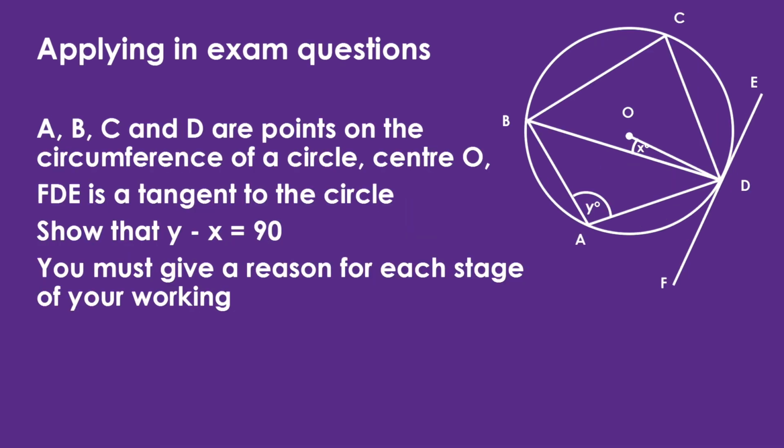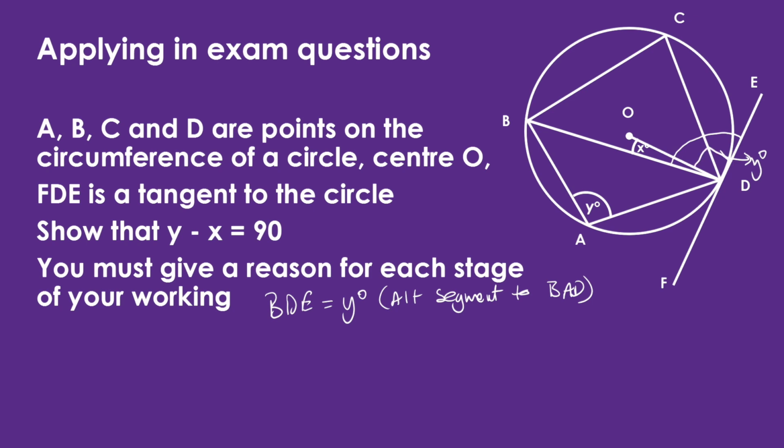Here we have a problem where A, B, C and D are points on the circumference of a circle with a centre of O. FTE is a tangent to the circle, and we must show that y take away x equals 90 degrees. We're also asked to give a reason for each stage of our working. We can see that BDE will equal y degrees, as it's the alternate segment to BAD.